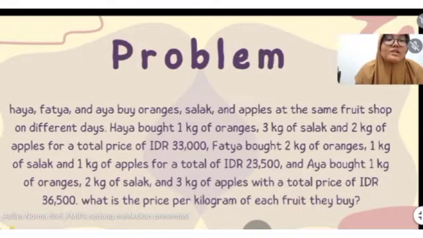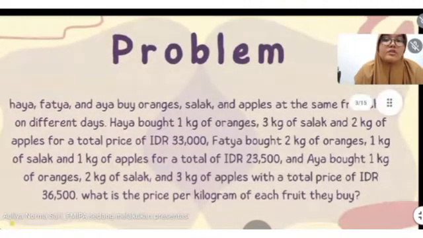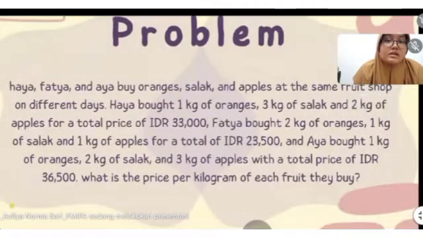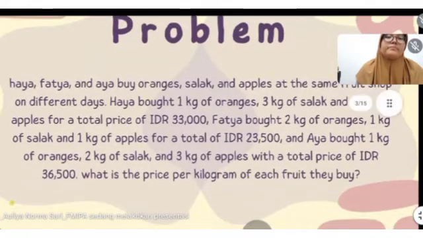Fatia bought 2 kilograms of orange, 1 kilogram of salad, and 1 kilogram of apples for a total of 23,500 rupiah. And Aya bought 1 kilogram of orange, 2 kilograms of salad, and 3 kilograms of apples with a total price of 36,500. What is the price per kilogram of each fruit they buy?